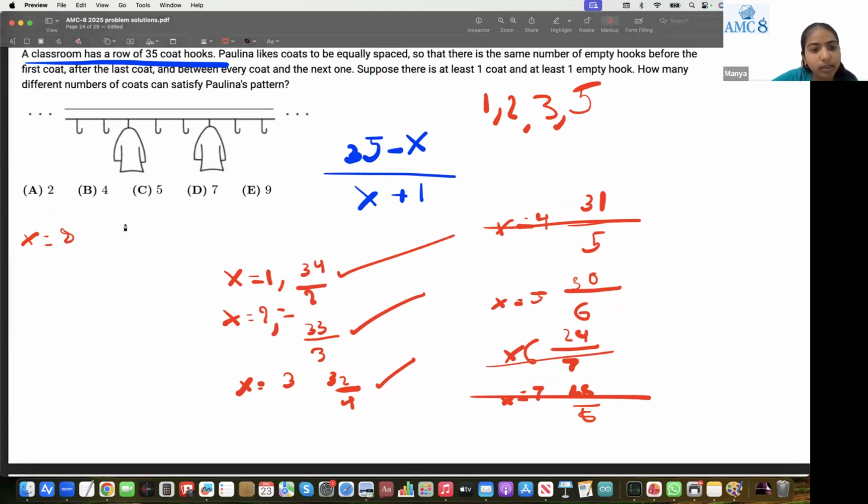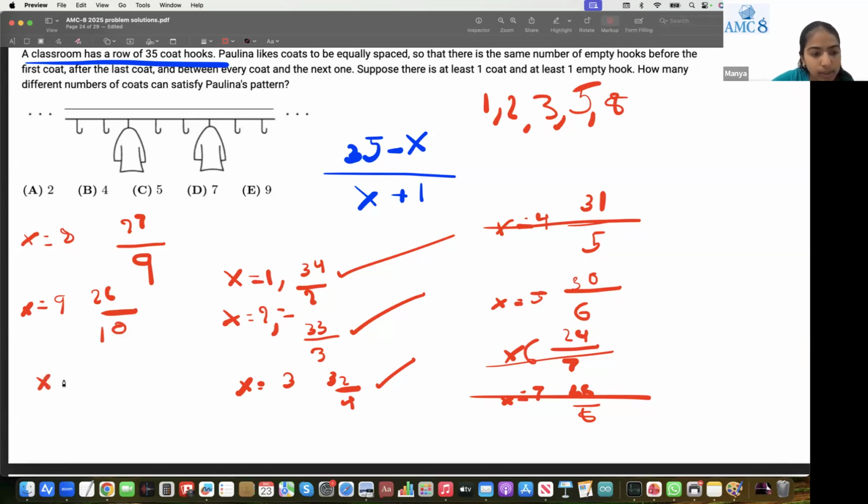We will get 27 by 9, which is an integer, so that will work. x equals 9. We'll be getting 26 by 10, which is not an integer, and so that cannot work.